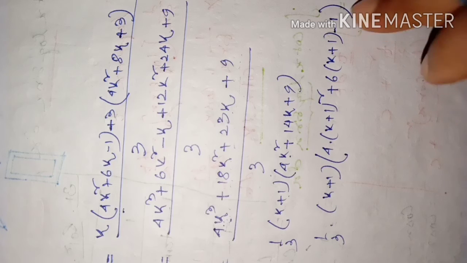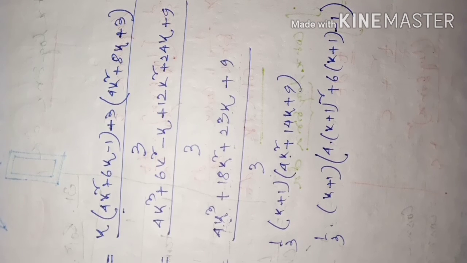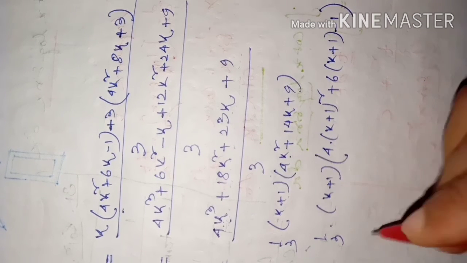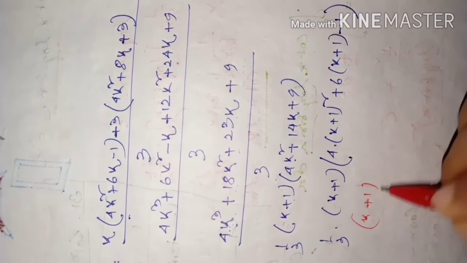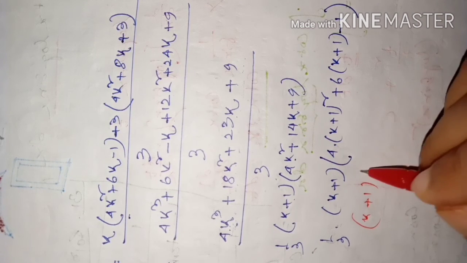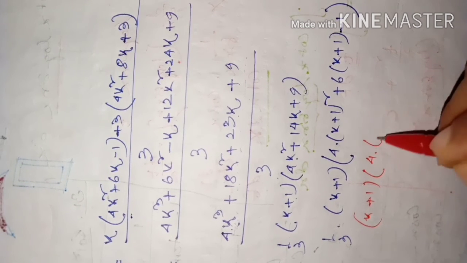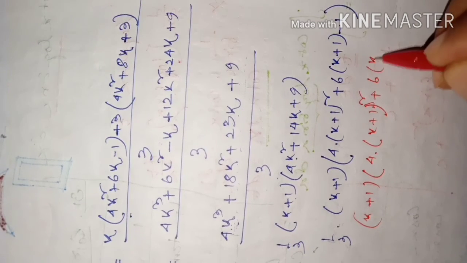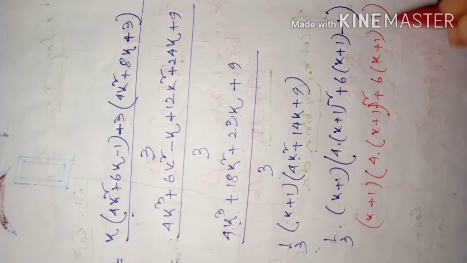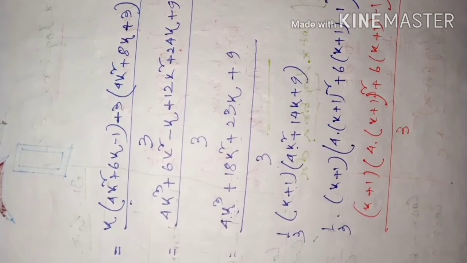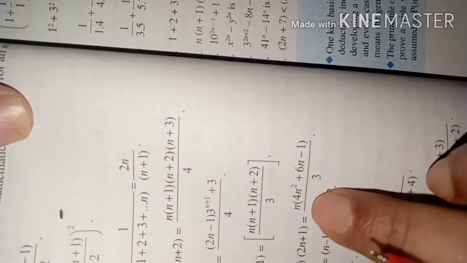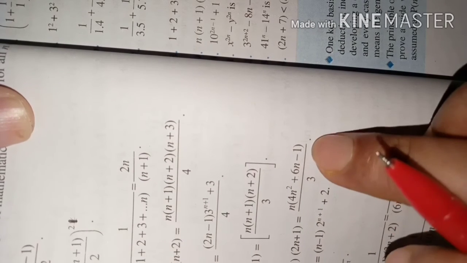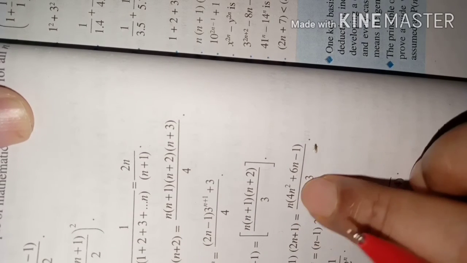So dear students, this whole expression is coming in the form of the given expression: (k plus 1) times (4 into (k plus 1) whole square plus 6 times (k plus 1) minus 1) divided by 3, exactly resembling the expression of the question. What was the expression of the question? It was n times (4n square plus 6n minus 1) divided by 3. Means if it is n here, also n.